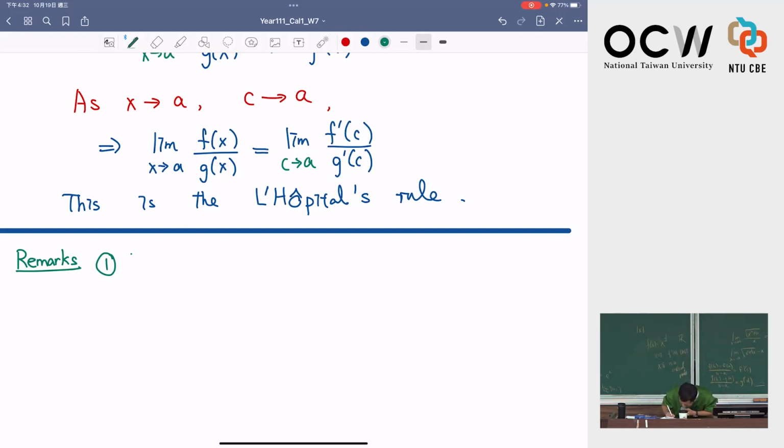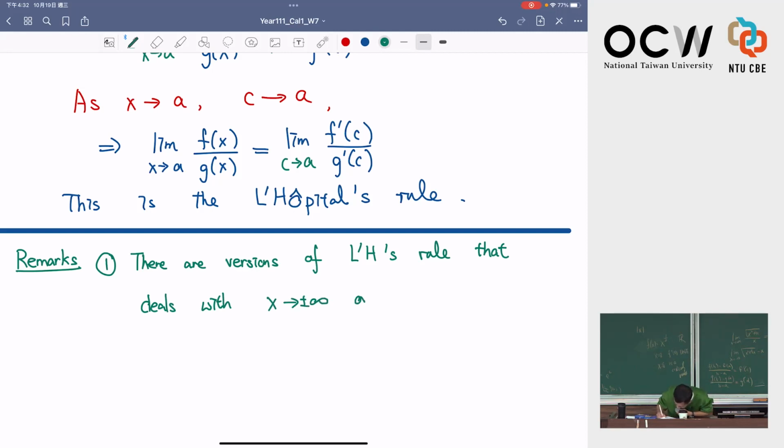But there are versions of L'Hopital rule, let me be lazy and just call it LH rule, that deal with either x going to plus or minus infinity, or the fraction f(x) over g(x) being of infinity over infinity form.